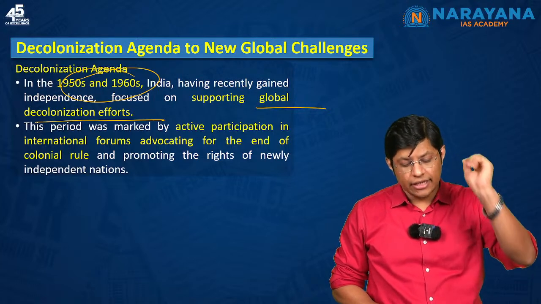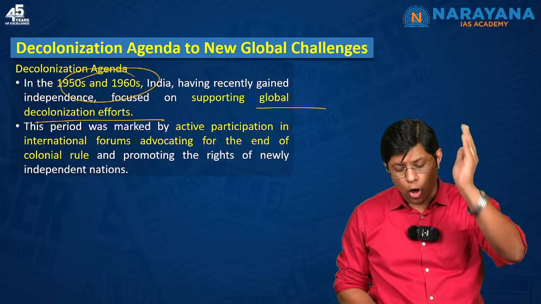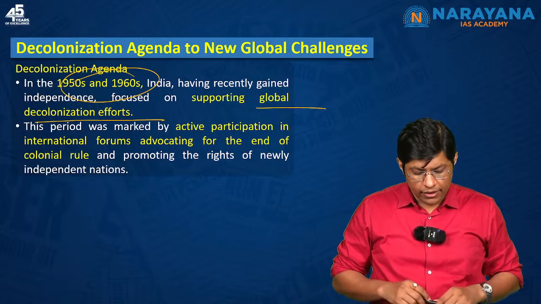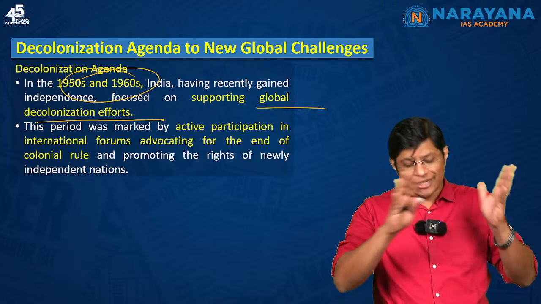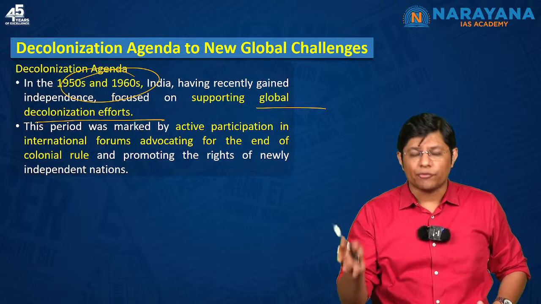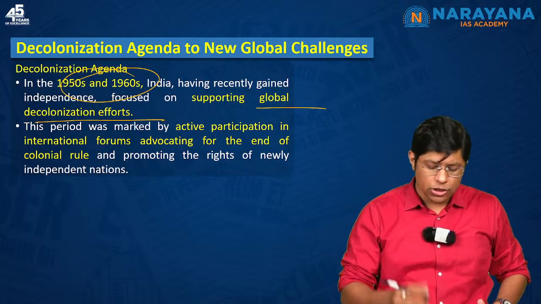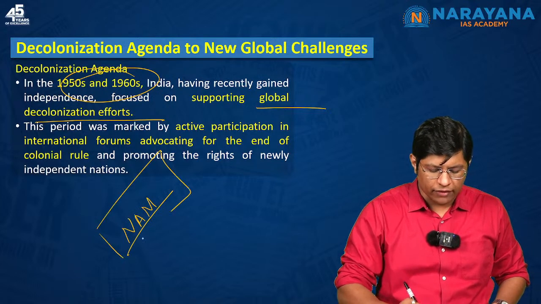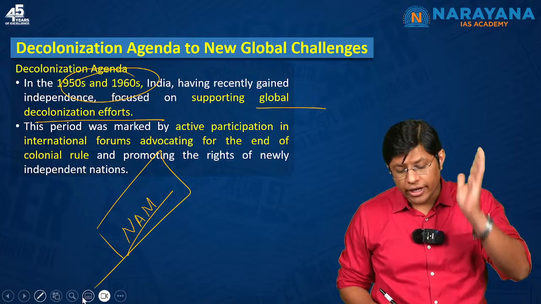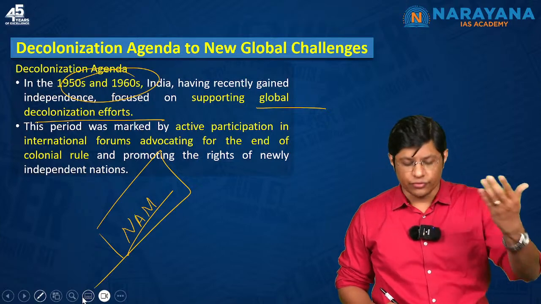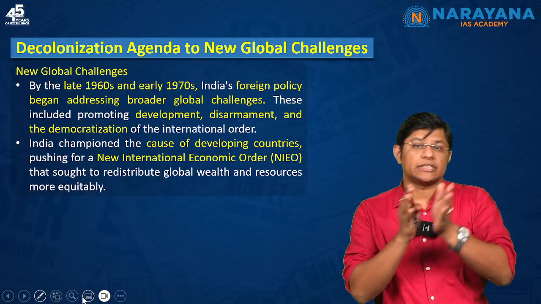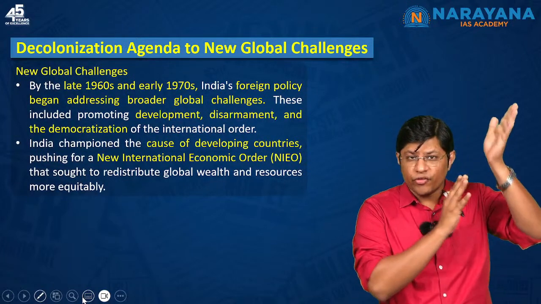And as a reason, India supported this call for decolonization, right? And in international platforms, India advocated this cause, like the non-alignment movement is one such platform where India actually advocated for a decolonized world. So this was the decolonization agenda. This was in the 50s and the 60s.